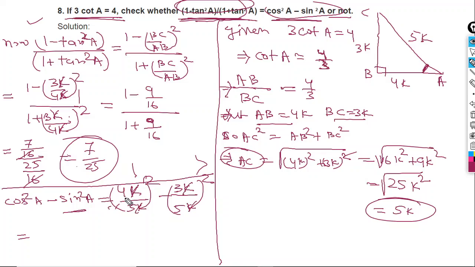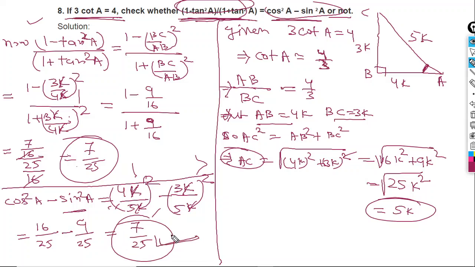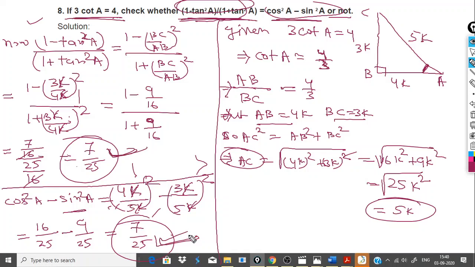Now 4 by 5 whole square, that means 4 square is 16 divided by 25, minus 3 square is 9 divided by 25, which is equal to 7 by 25. So what did we find? This is the value of RHS and this is the value of LHS. So LHS is equal to RHS. Okay, so it is proved that LHS equals RHS.